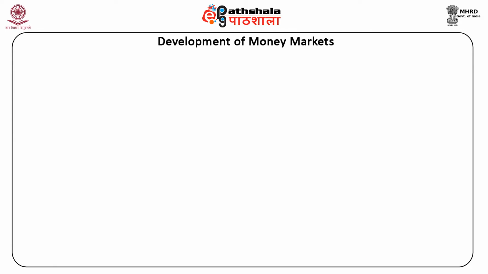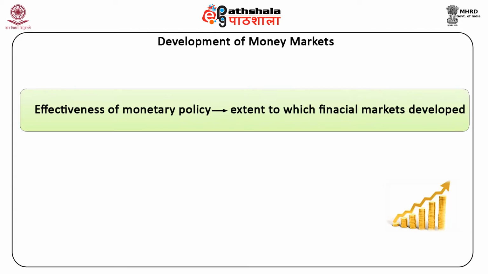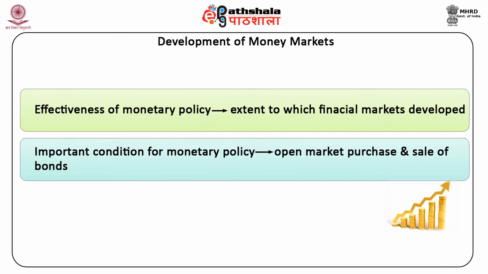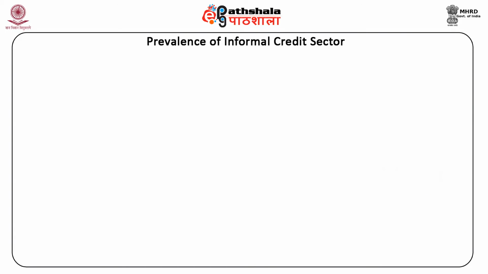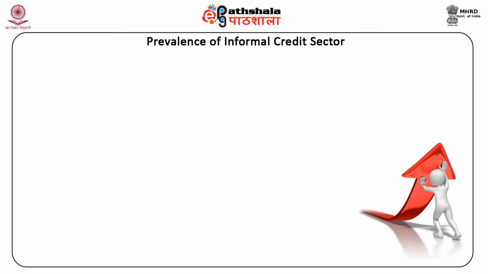Next is development of money markets. The most important factor on which the effectiveness of monetary policy depends is the extent to which the financial markets are developed in the economy. This is an important precondition for the monetary policy initiated through the open market purchase and sale of bonds to successfully affect the aggregate demand. Next is the prevalence of informal credit sector.